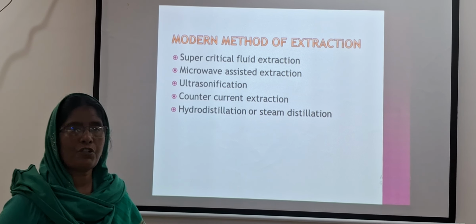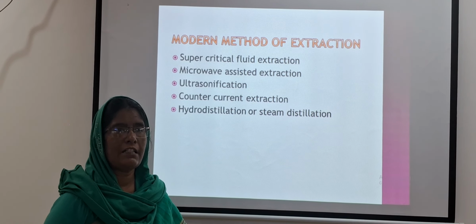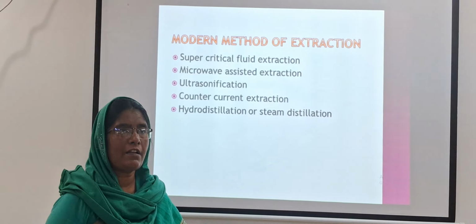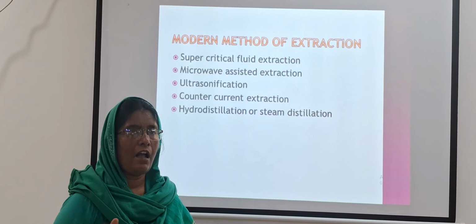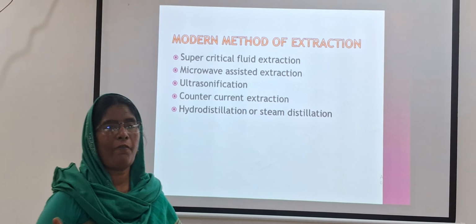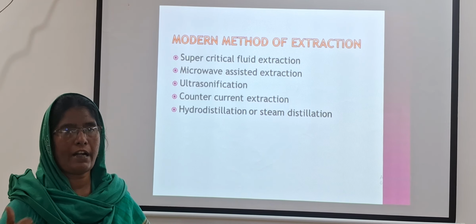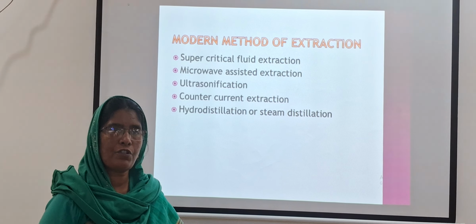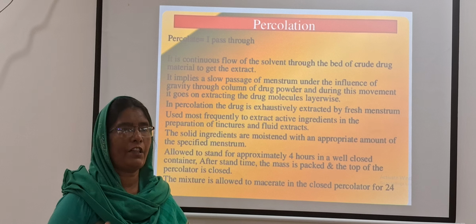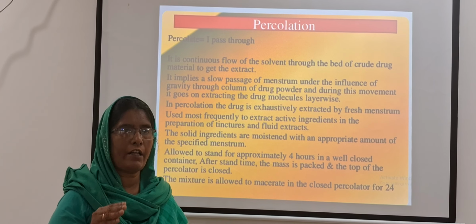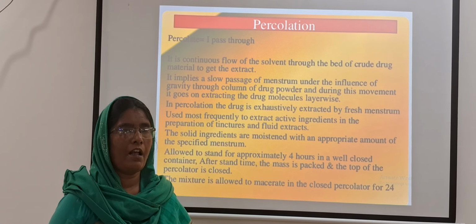The next is the infusion method. In infusion we take boiled solvent, add the drug, and keep it for 30 minutes. Then we filter and evaporate the filtrate to dryness. Infusion can be cold infusion or hot infusion. Cold infusion means, without heat, we put the drug and water, wait for 10 minutes, then filter.